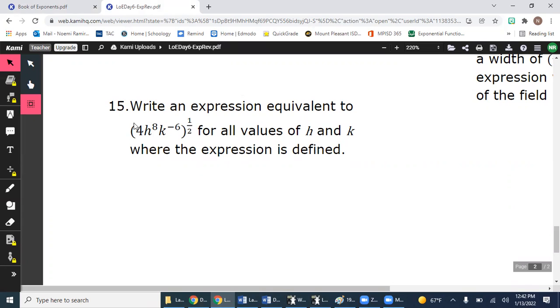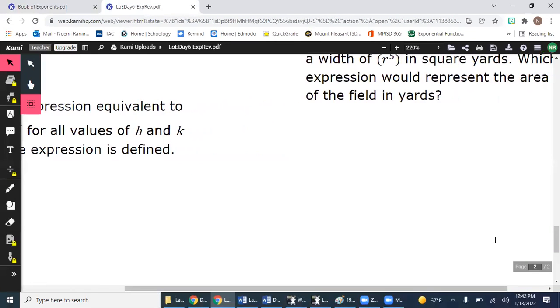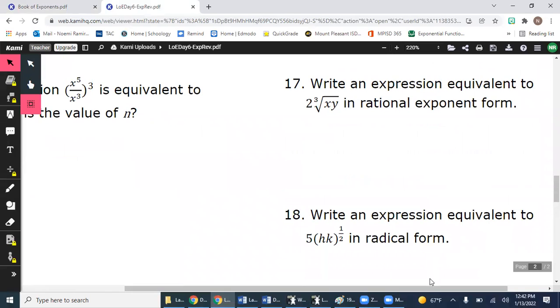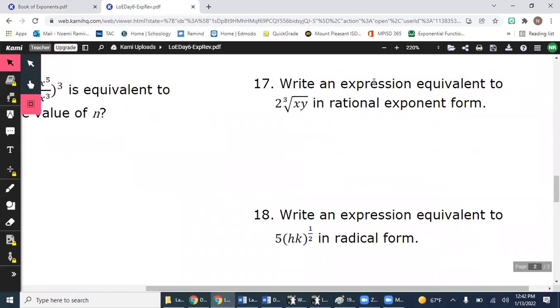So number 15 on your test review. We worked with something similar to this yesterday, but I need you to look at the difference in the question for this problem and the question for 17, 18, and 19. In 17, 18, and 19, it says write the expression in exponent form. So in 17, we are going to do what we did yesterday.